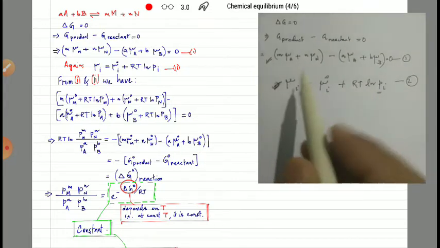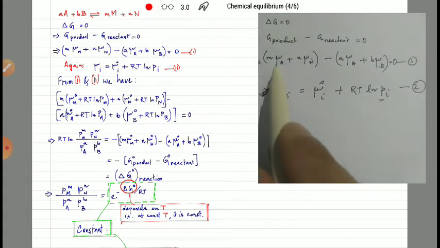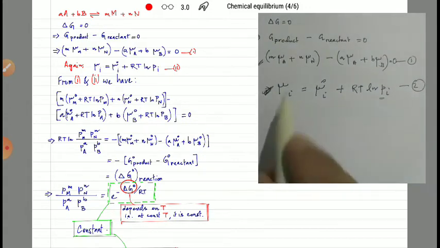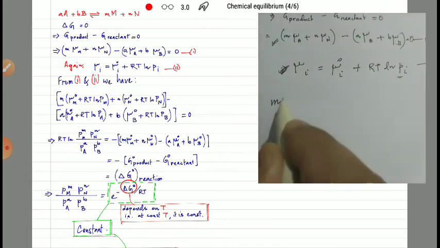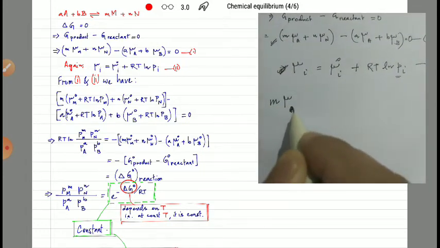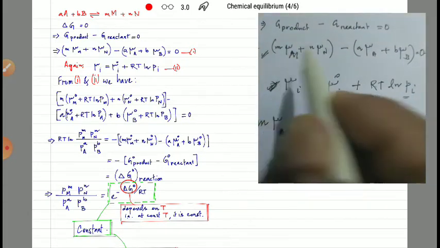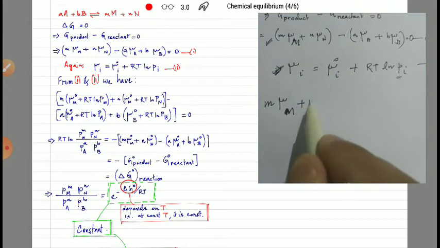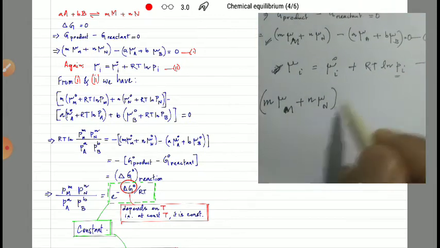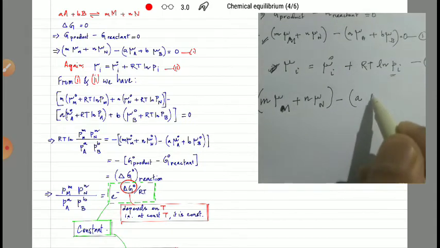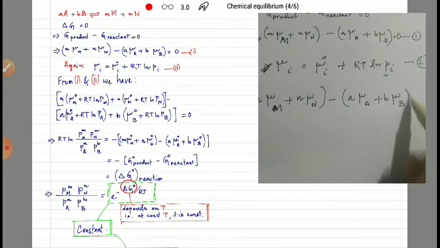Now from equations 1 and 2, what can we write? Equation 1 is (m mu_m plus n mu_n) minus (a mu_a plus b mu_b) is equal to 0.